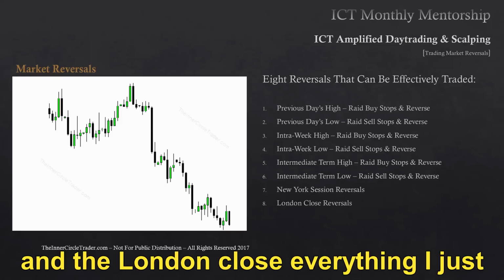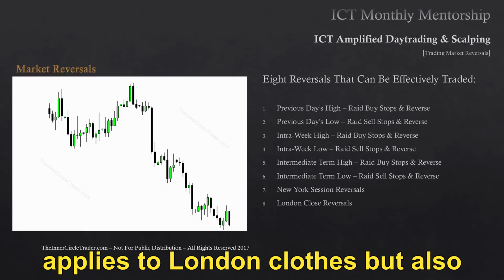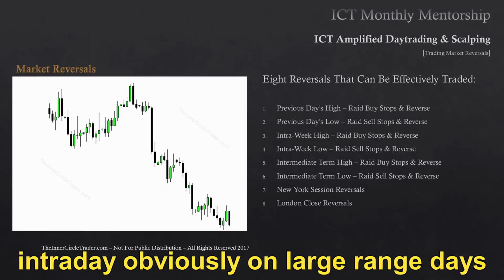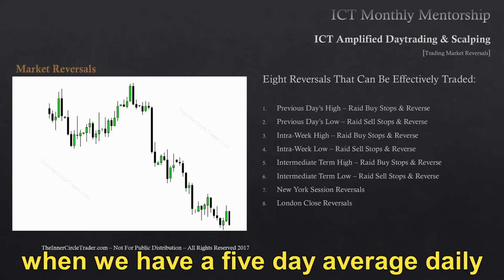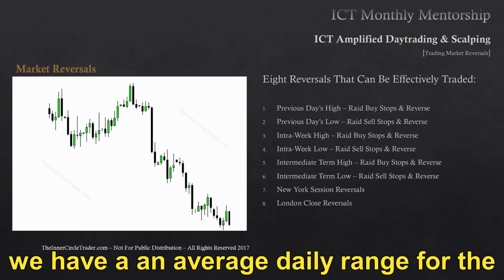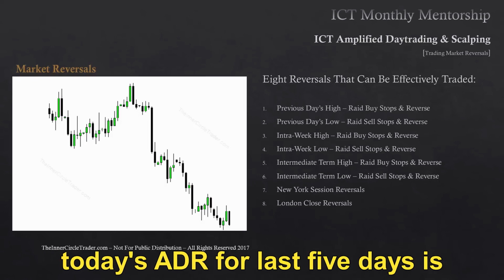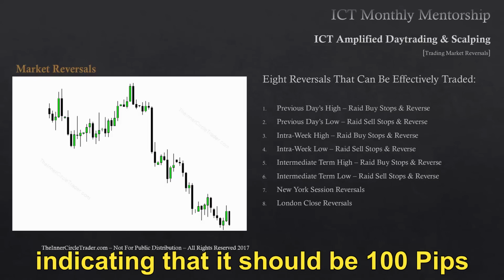And the London close. Everything I just mentioned for New York session reversals applies to London close, but also intraday, obviously, on large range days when we have a 5-day average daily range that's exceeded. For instance, say we have an average daily range for the last 5 days in the euro dollar, and today's ADR for the last 5 days is indicating that it should be 100 pips.